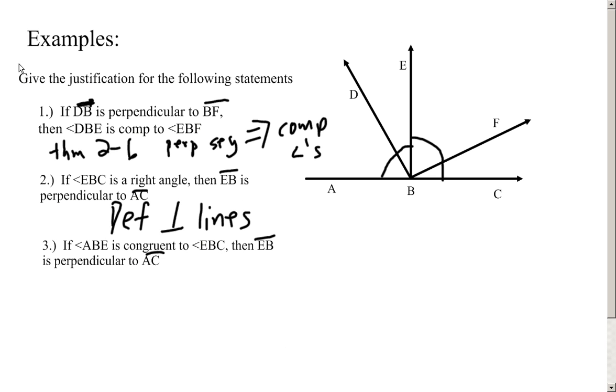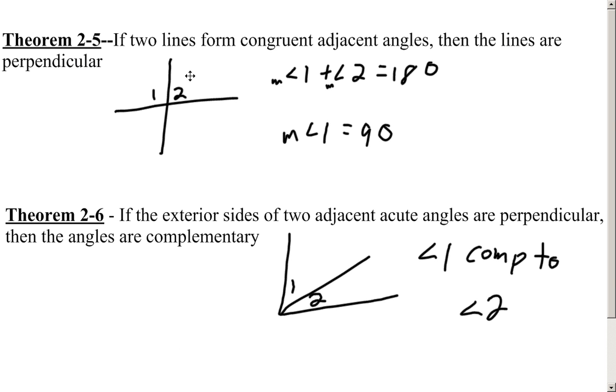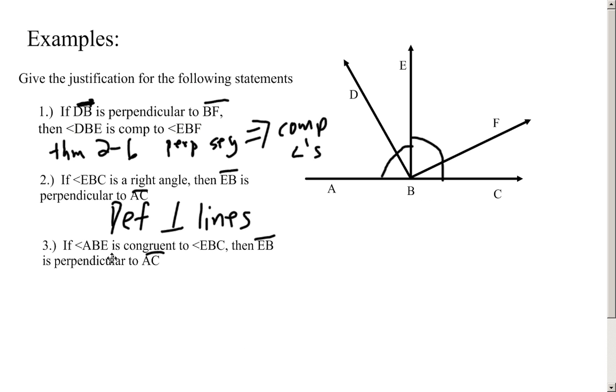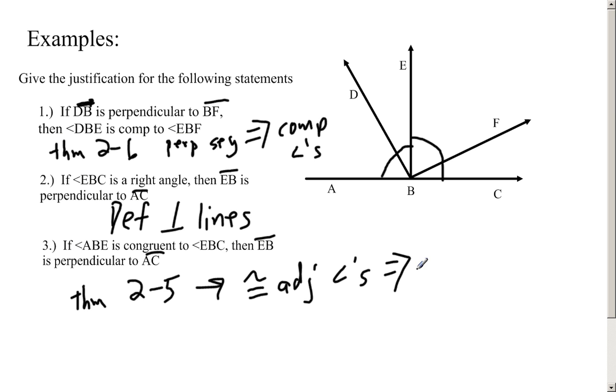So that looks pretty good to me. So we're going to say it's theorem 2.5. If two lines form congruent adjacent angles, we get perpendicular lines. So this is theorem 2.5. And for me, I like to write out, all right, congruent adjacent angles yield perpendicular lines.